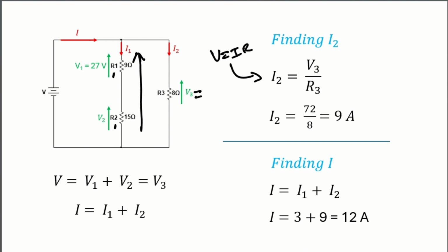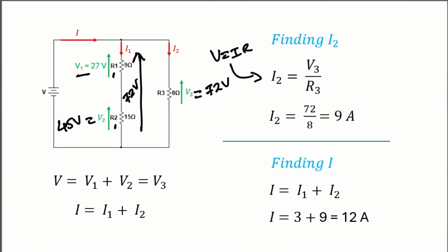In the question itself, we know that V1 is 27, and in the previous slide we have seen that V2 is 45 volts, which means the voltage across these two resistors is equal to 72 volts. Since the R1 and R2 resistors are parallel to this R3 resistor, we can directly say that this is also 72 volts.